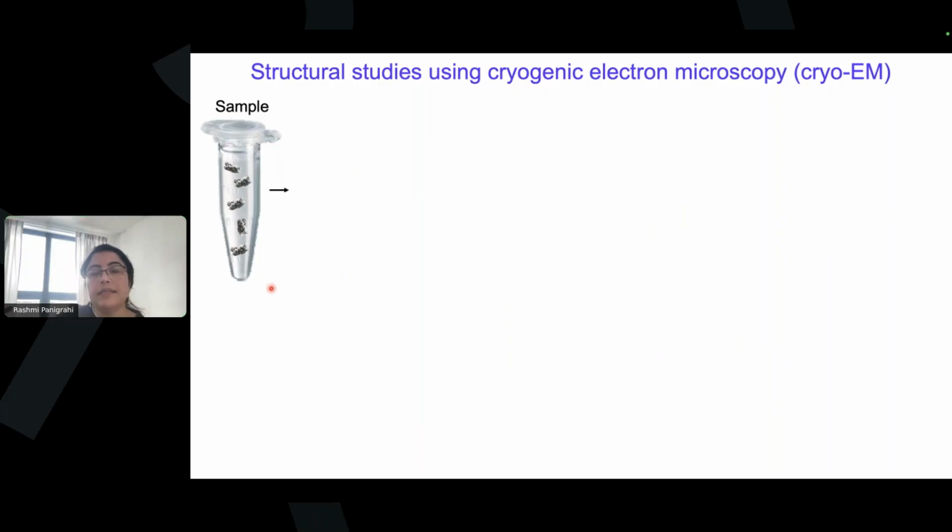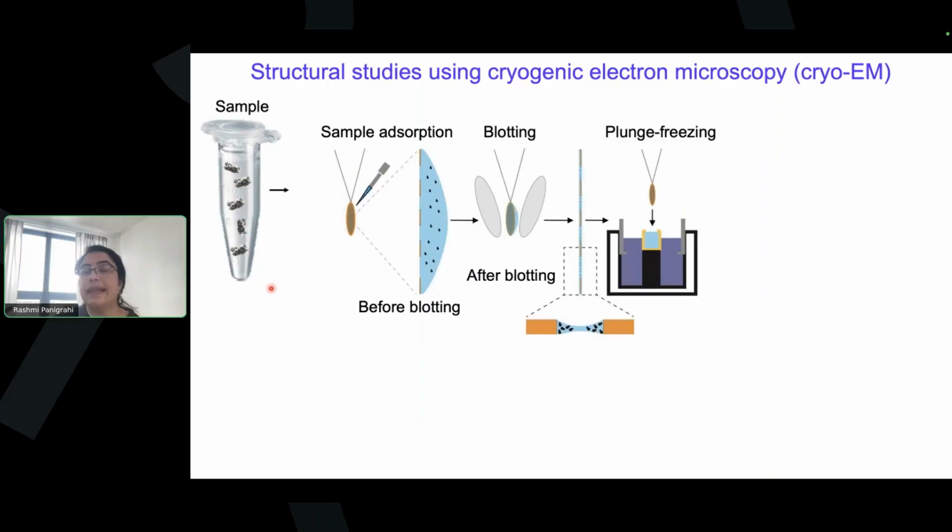The steps of cryo-EM are pretty standard, but for the general audience, very quickly, the sample is applied to the grids. And here you can see a non-aggregated homogeneous sample, and the excess liquid of the sample is blotted away.